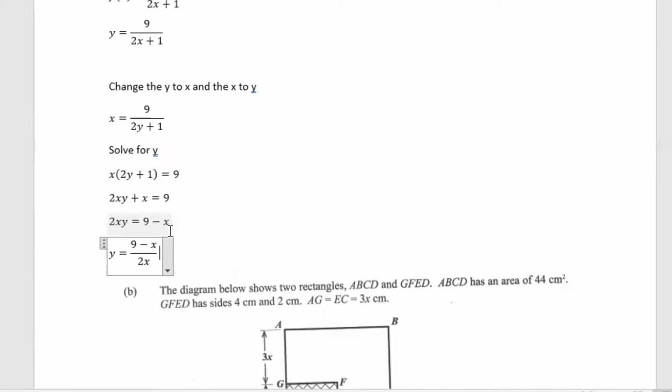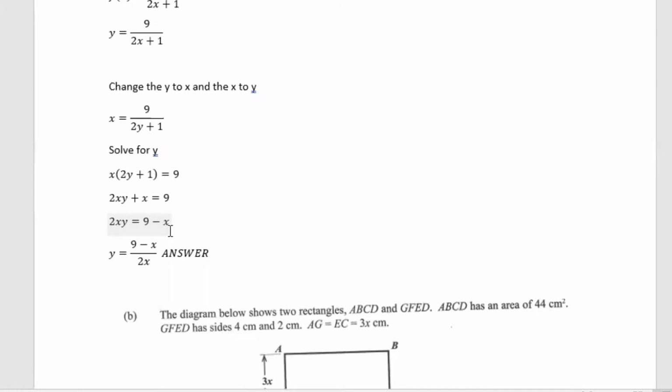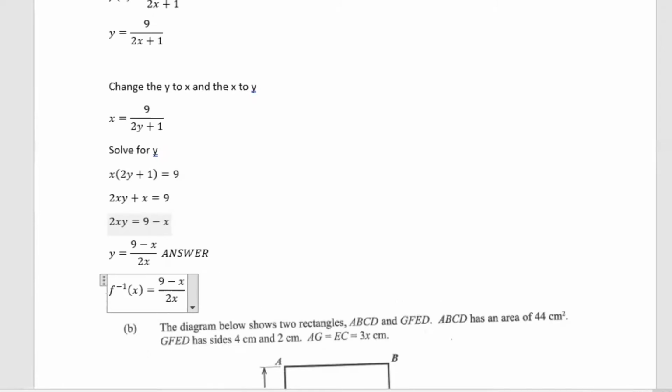So that is what I'm saying. When we work it this way, this basically gives you the answer in the format that it needs to be. So it will be f inverse of x is equal to 9 minus x divided by 2x. So instead of doing the inversion or changing any signs at the end, you change it at the start.